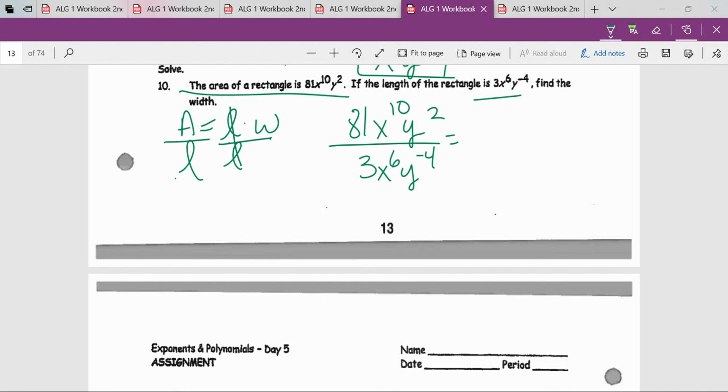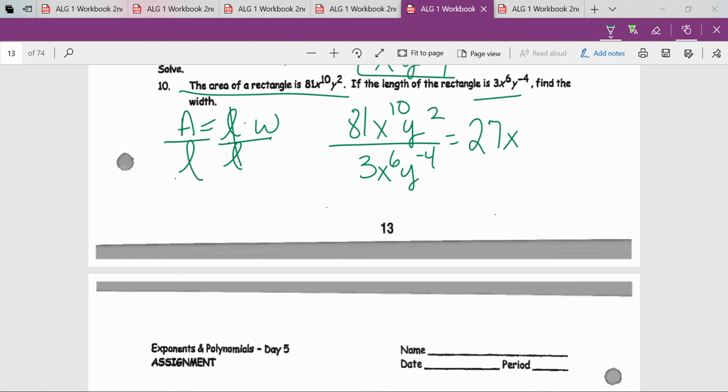81 divided by 3 is 20. No, I think it's 27 or 26. 27? Yes. You guys have calculators? Okay.